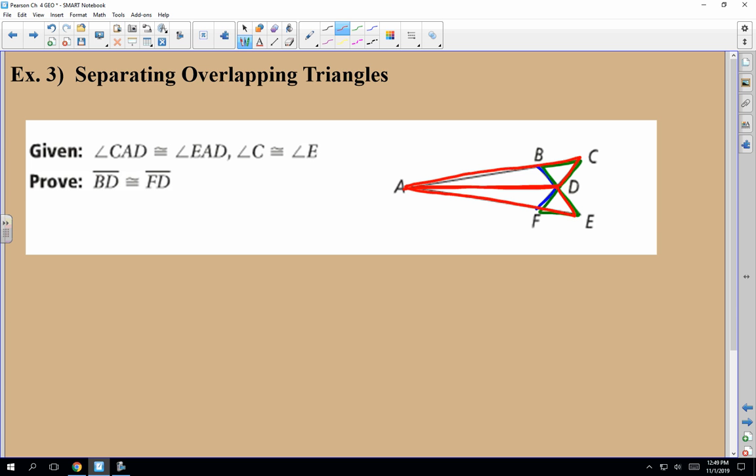So we're first going to prove that those are congruent. So here's what I have. If I separate them out, I've got this guy right here, that's A, C, D. And then right underneath it, I've got A, D, E. So that's separating out the two red triangles.